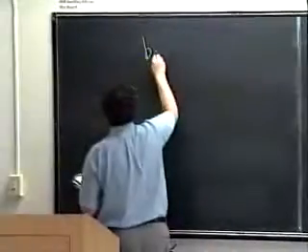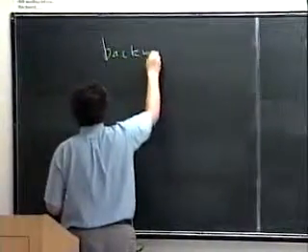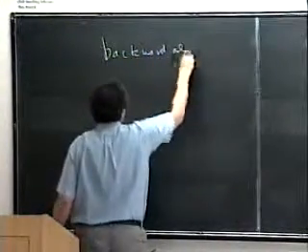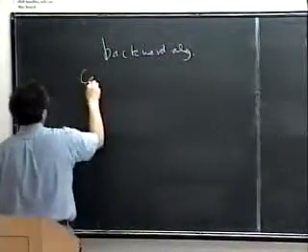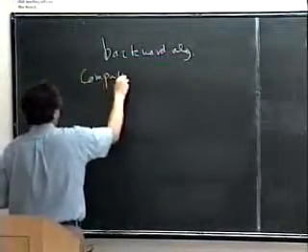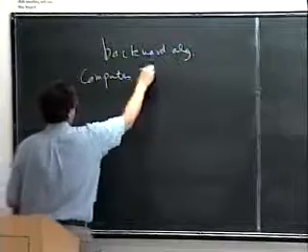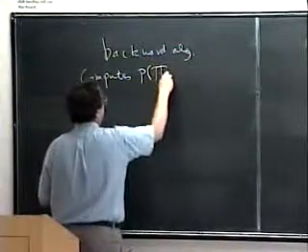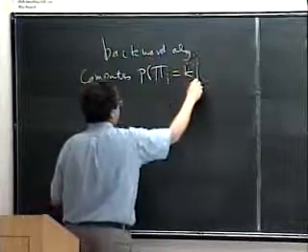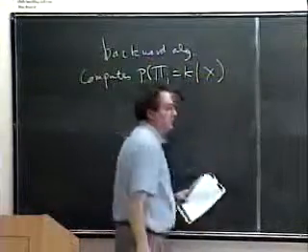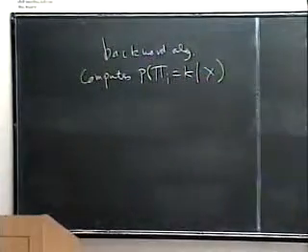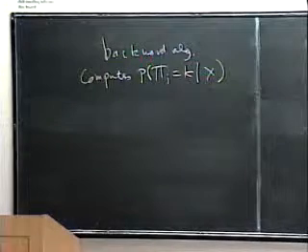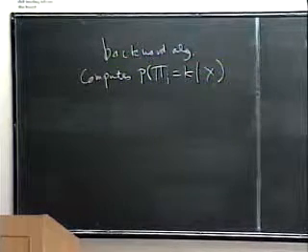So the backward algorithm computes the probability that pi_i equals k given x. That's it. Okay, now that needs a little explanation.